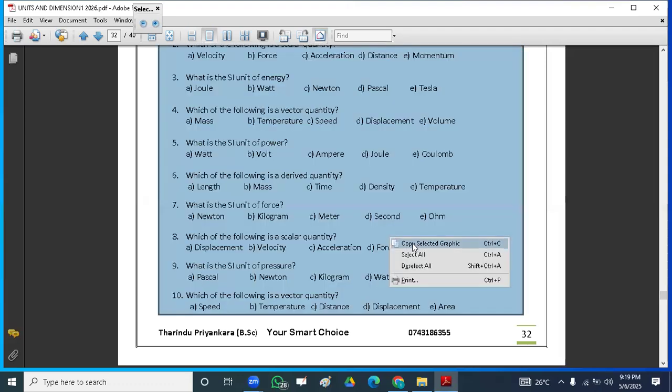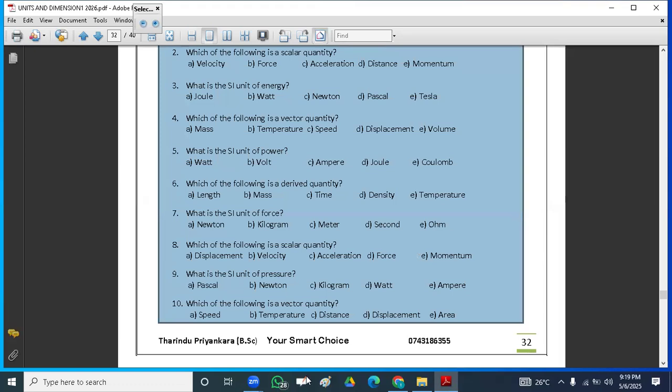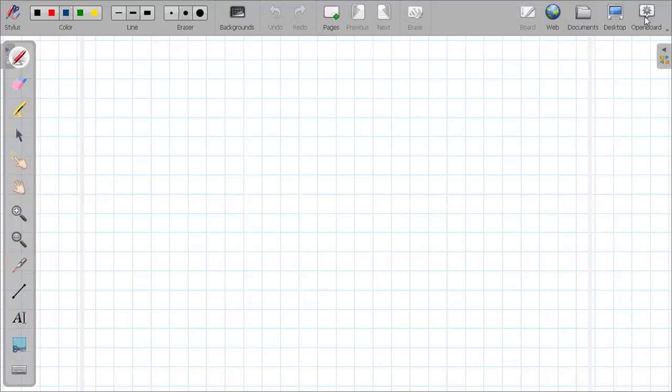That is on page number 32. If you have the physical tute, don't look at the screen and try on the physical tute. If you don't have it, look at the screen and try. These 10 MCQs are really valuable.